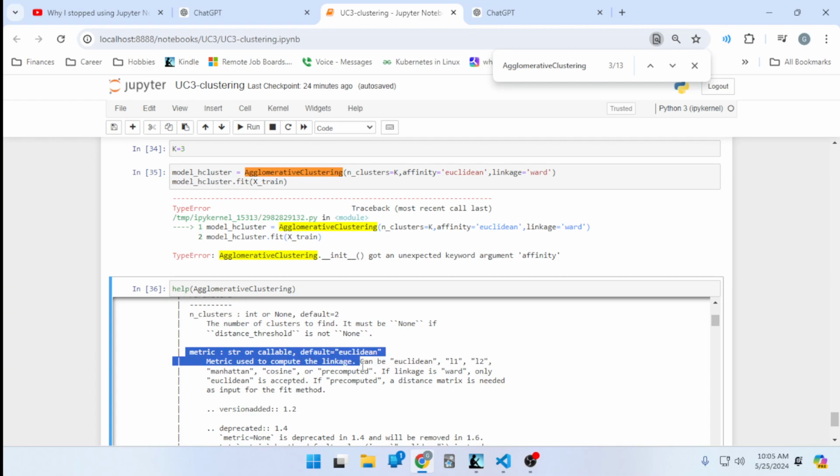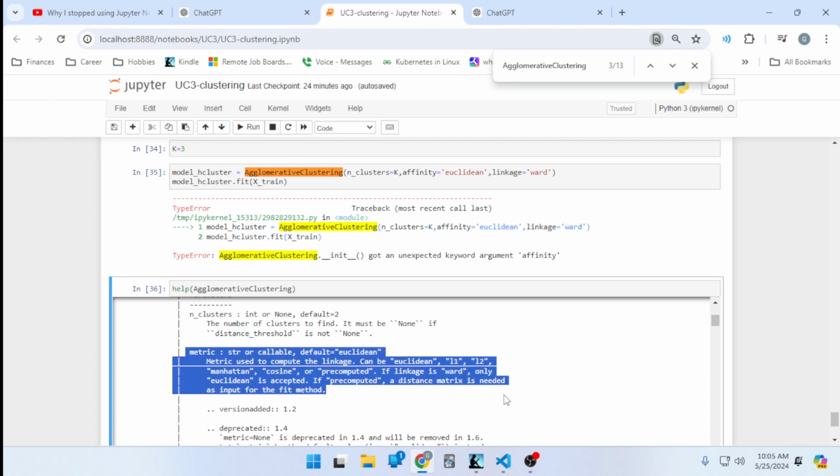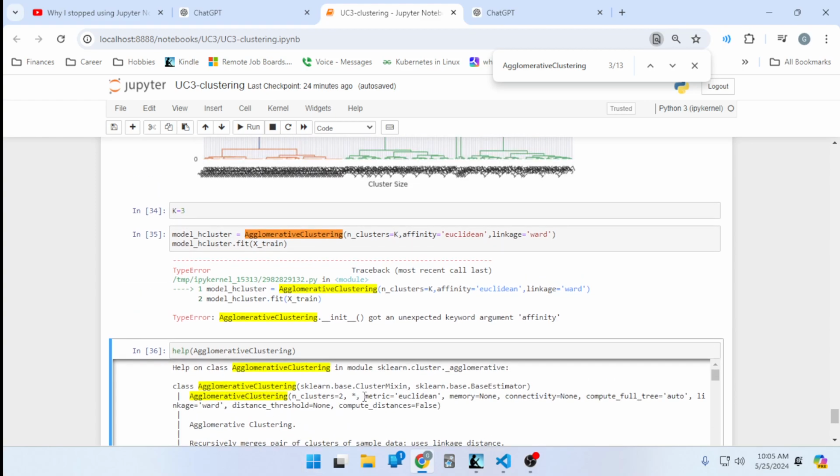So that's the affinity. It looks like this is meant to be metric rather than affinity. Yeah, so we can see here the default metric is set to Euclidean. So I don't know why it's affinity, but I think it's meant to be metric instead. So let's try that.